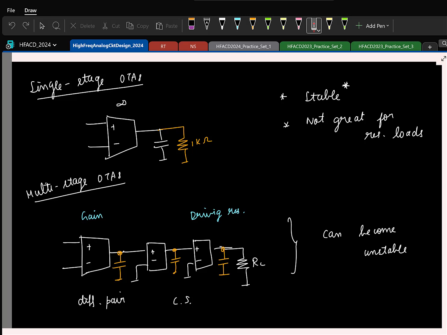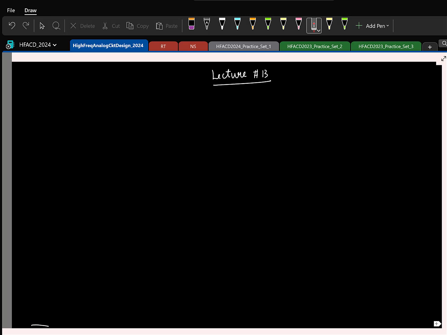So that led us into this journey of understanding stability, and we basically saw that if you have a first order system like this, say A0 by 1 plus S by P1, and if you use it in negative feedback with a feedback factor of beta, the loop gain is basically beta times A of S. And what was the unity loop gain frequency?